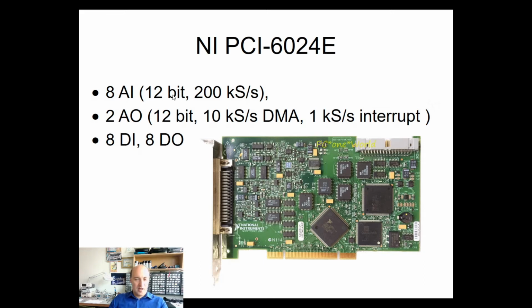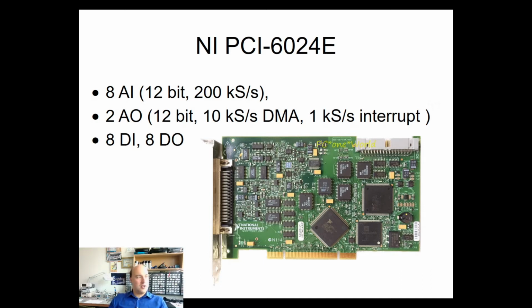Now you can select the range of voltages that you are actually using, and this means that you can adjust the voltage range. For example, if you have a voltage range from minus 10 volts to 10 volts, then it's always a good idea to use the full range if possible.